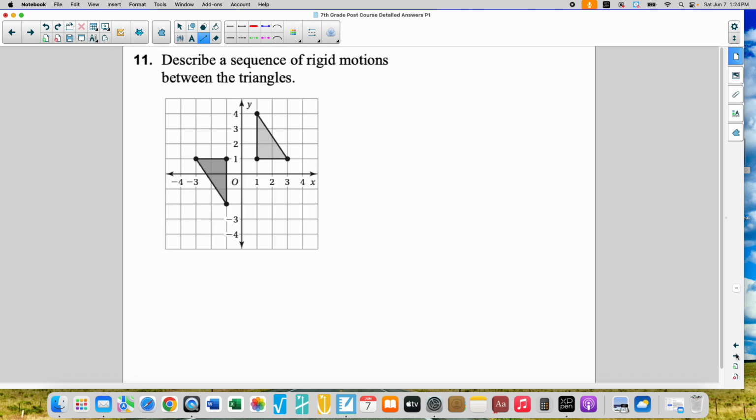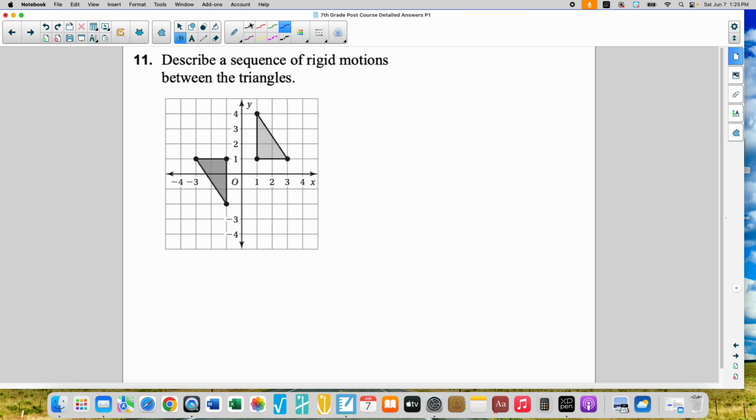Number 11, describe the sequence of rigid motions. Okay, so is it a rotation? Is it a reflection? I see 2 reflections. I also see a rotation. So I think it's 2 things. You can either say it's rotating. So rotate, I don't know which one is the original.